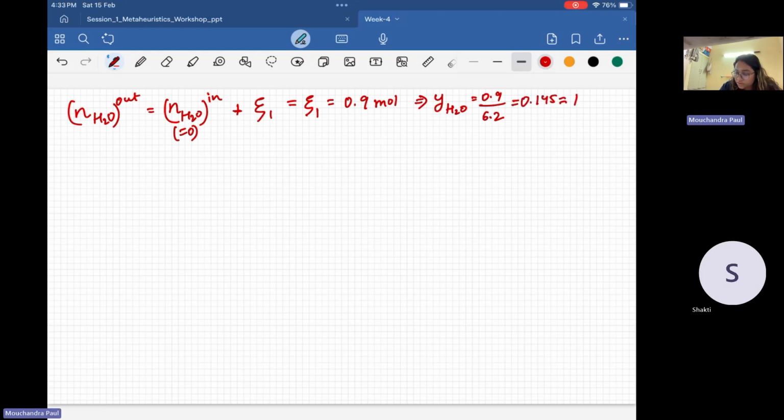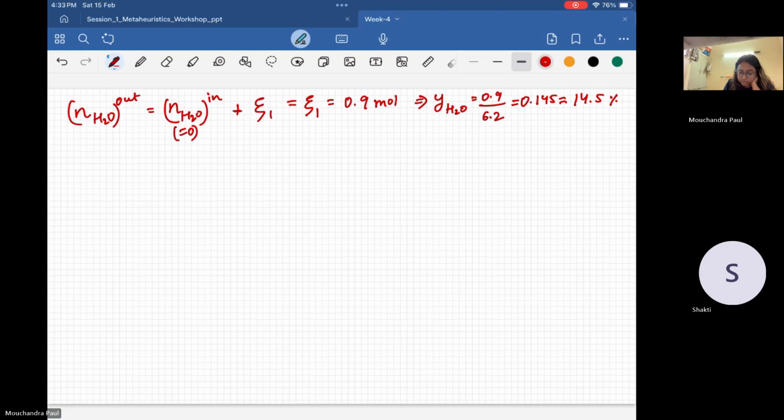0.145 is close to 14%, 14.5%. Are you following the steps? Yes.